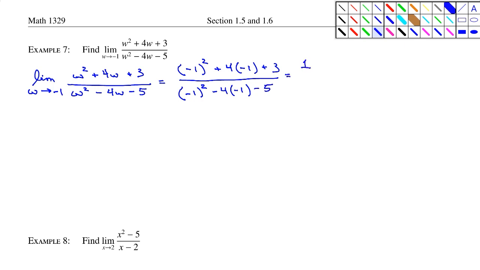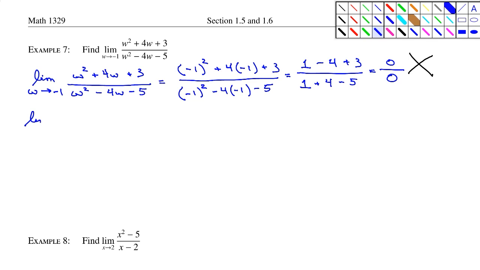That gives us 1 minus 4 plus 3 divided by 1 plus 4 minus 5, which is 0 over 0. All right, so again, that's not an answer. It's not great, but it's not bad. We can work with it.